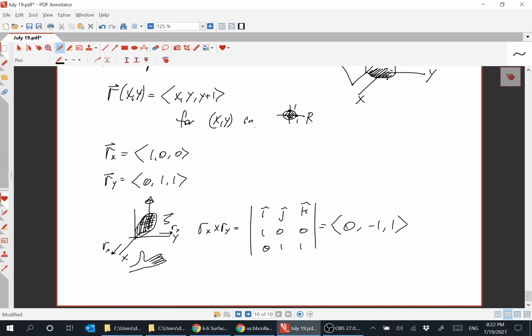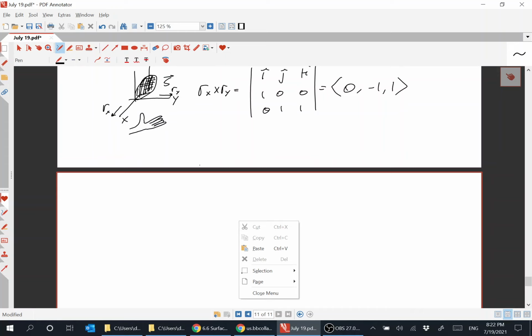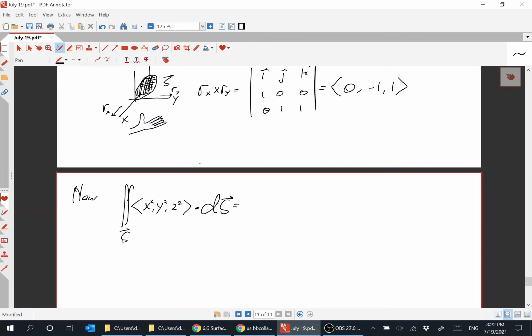Right, so now the vector flux surface integral of F dot dS is the double integral over R of F of r of u, v dot r_u cross r_v dA.